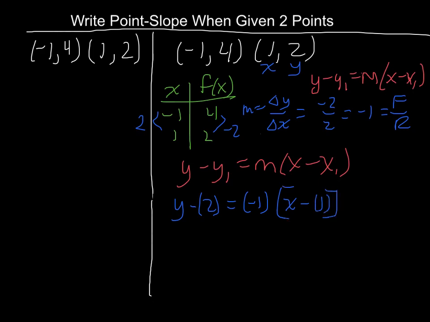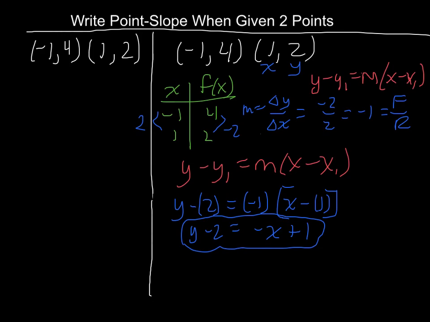Now I'm going to multiply through: y minus 2 equals negative x plus 1. Technically, this is my answer right here. That is the point slope form when I'm given 2 points.